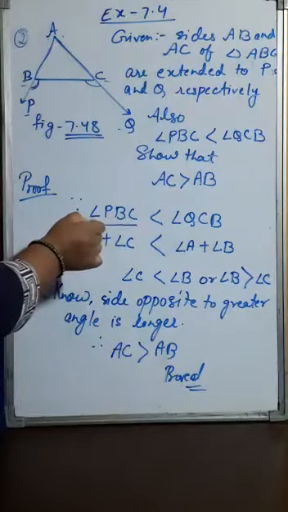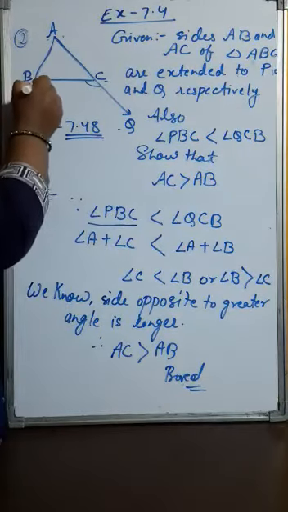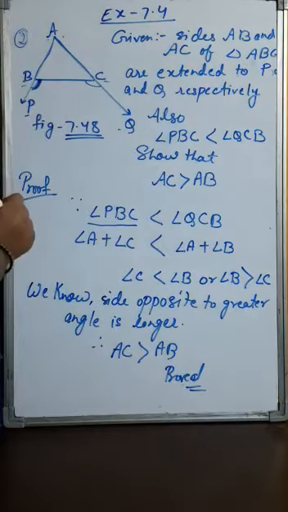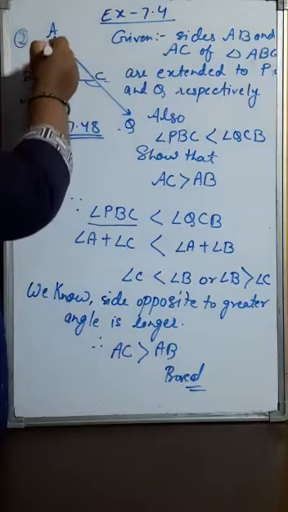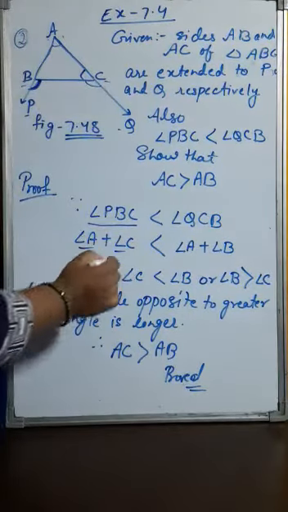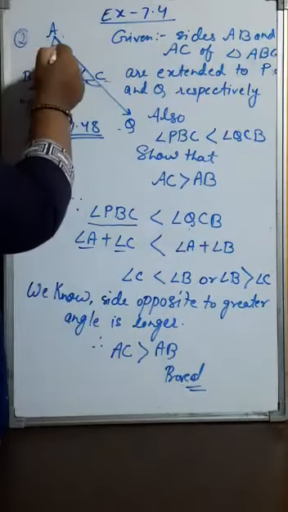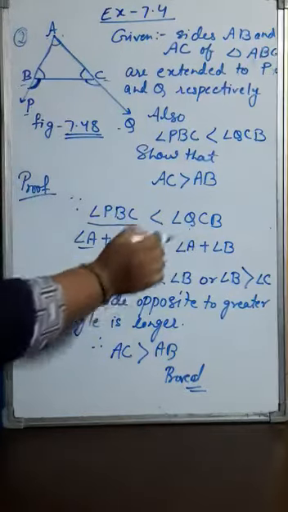Since angle PBC is given less than angle QCB, this PBC is an exterior angle, and we know that an exterior angle is the sum of the interior opposite angles. So angle PBC can be written as angle A plus angle C, which I wrote here. Similarly, angle QCB can be written as angle A plus B, which I wrote on this side.